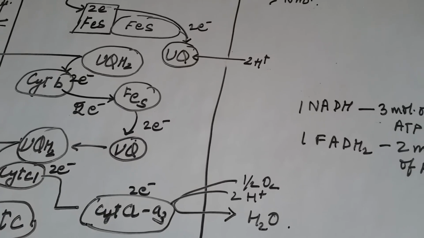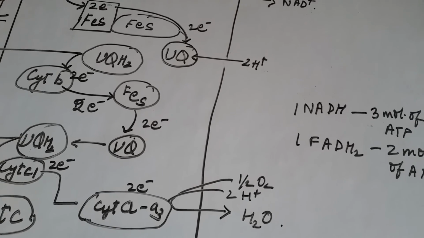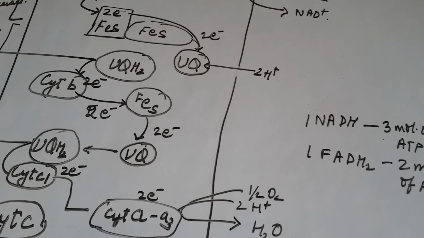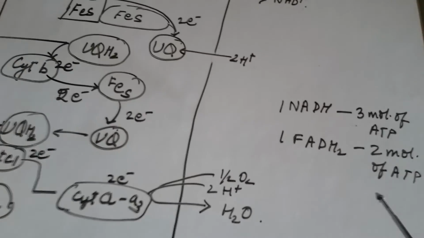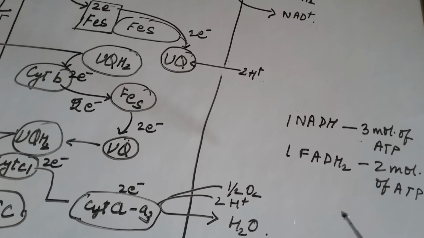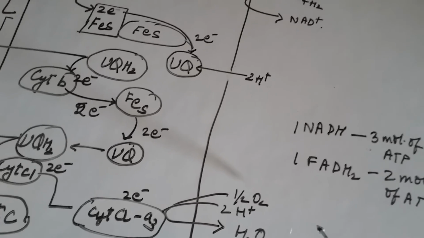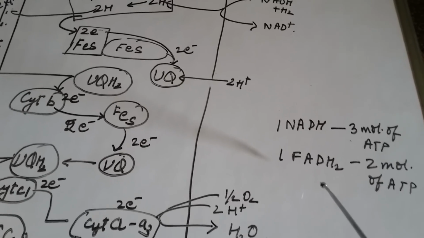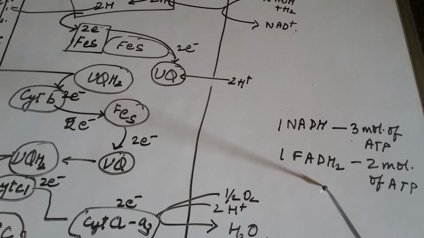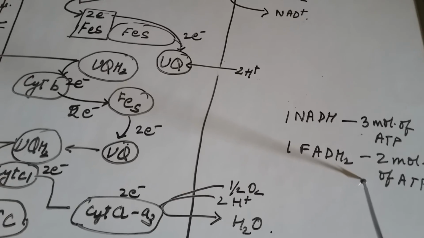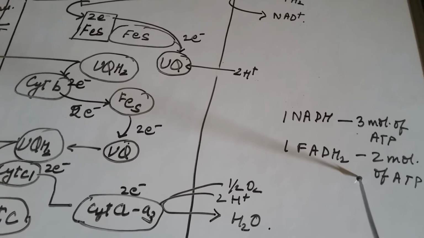Thus, oxidative phosphorylation is the process that accounts for high ATP production, and the yield of ATP occurs after the electron transport system.